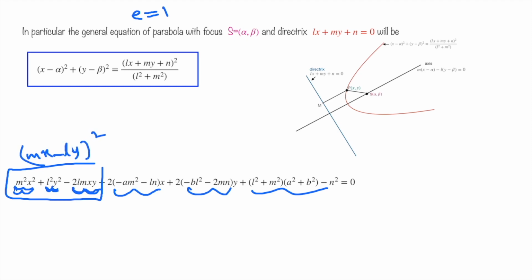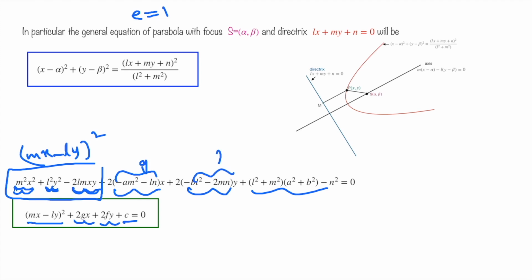So this general equation of the parabola can always be expressed like this: (mx minus ly) whole square plus 2gx plus 2fy plus c. Here, this one you can think of as g, this one as f, and all the constant as c.